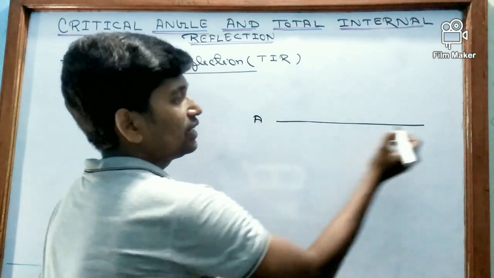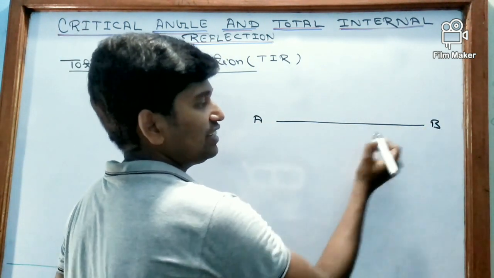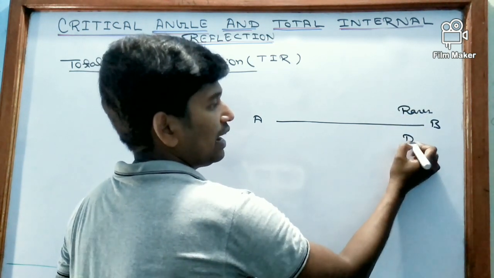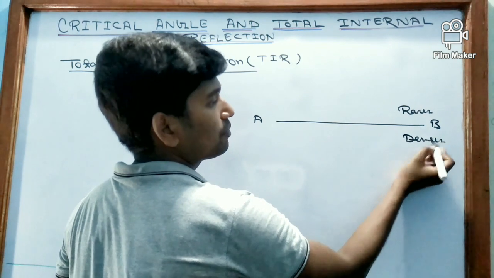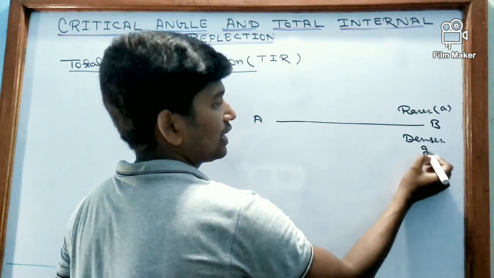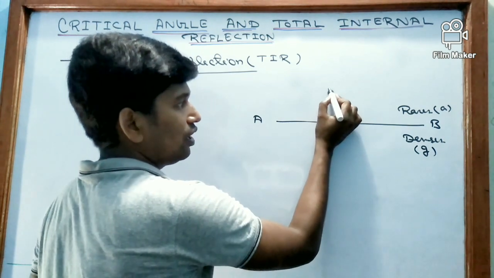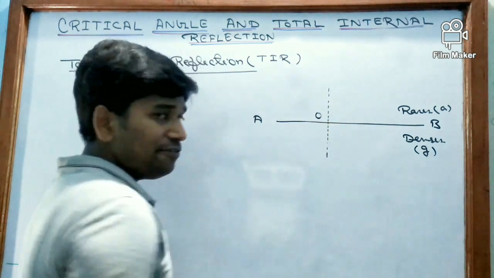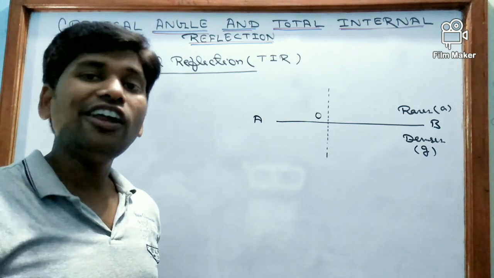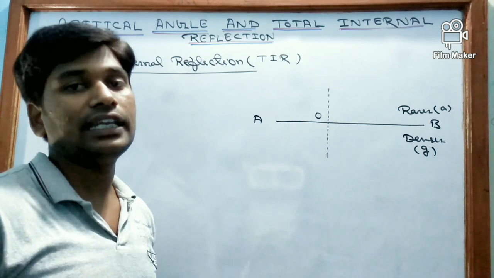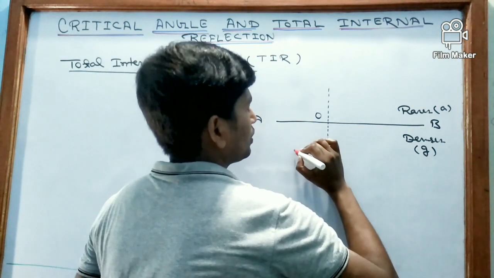Let AB be an interface separating two media. Consider the rarer medium here and the denser medium here, say air and glass. Let us draw a normal at point O. If the angle of incidence becomes greater than the critical angle, let us see how.